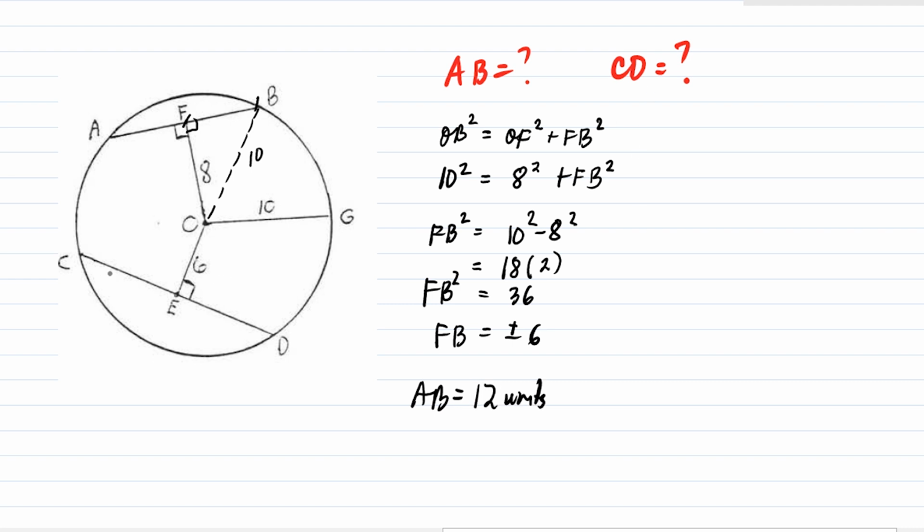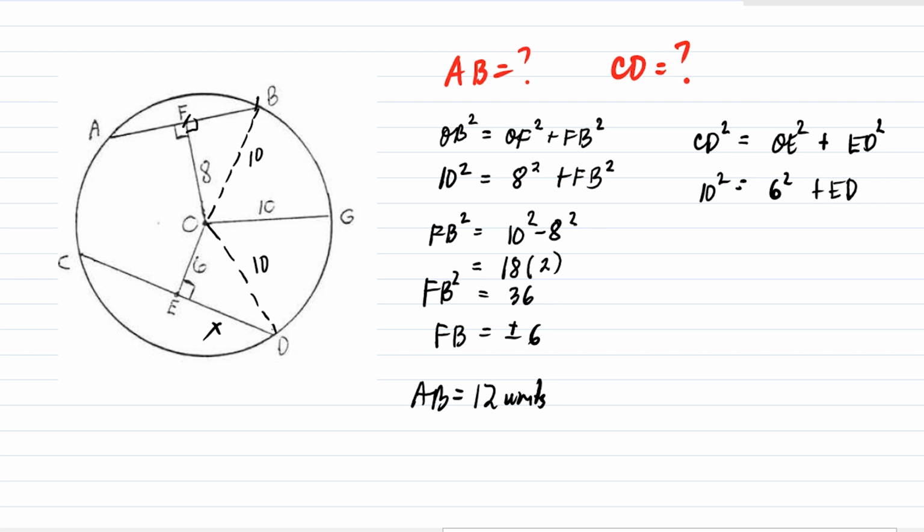CD, ganun ulit. Let's draw this radius over here, OD, which is actually 10 units. And we're going to look for ED. By the Pythagorean theorem, we have OD squared is equal to OE squared plus ED squared. Let's substitute. OD is 10 units, OE is 6 units, and ED, that's what we're looking for.